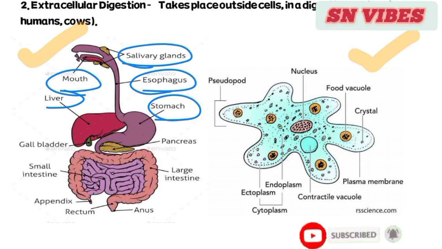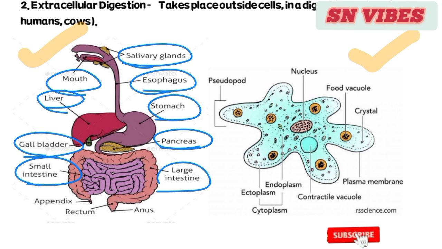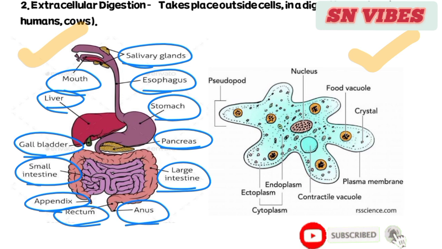With the stomach there are also the liver, gallbladder, pancreas, small intestine, large intestine, rectum, appendix, and the last part, the anus, which helps to put out the undigested or waste particles from the human digestive system. This is the diagram of the human digestive system.